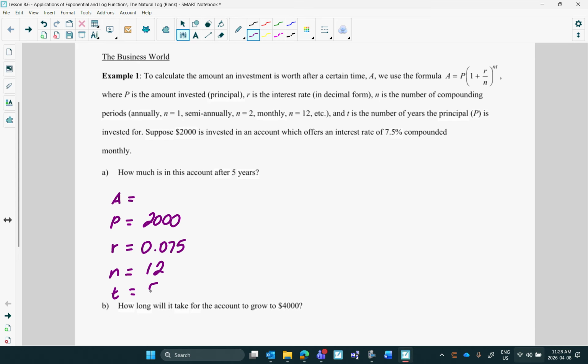T. Therefore, we're trying to find A. So, using the formula, A equals, instead of P, write 2,000, times 1 plus, instead of R, write 0.075, divided by, instead of N, we write 12, raised to the 12 times, instead of T, we write 5.